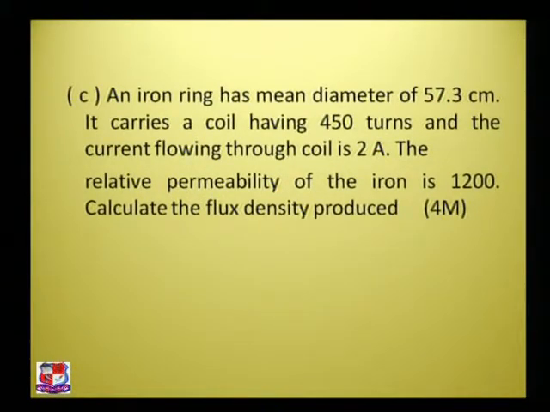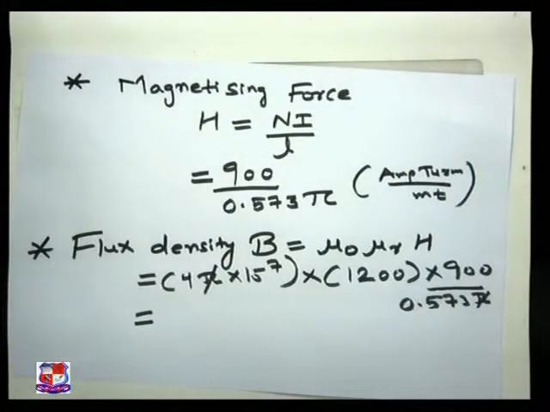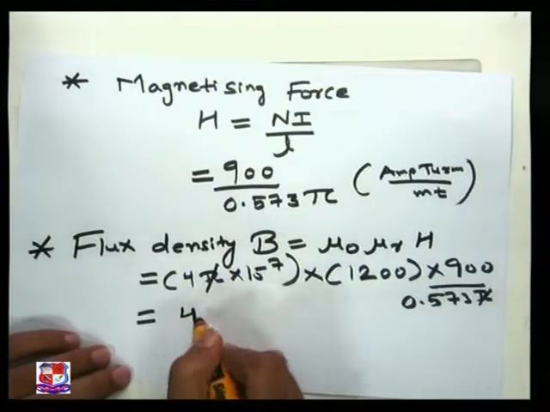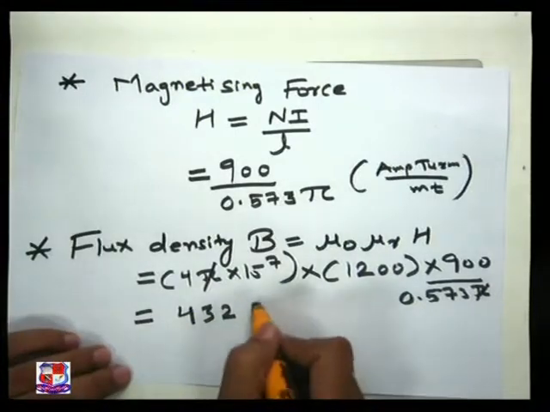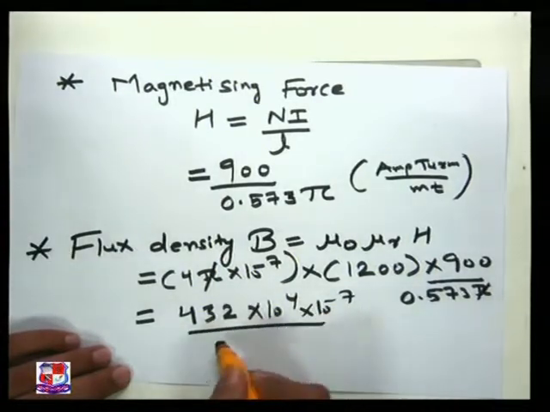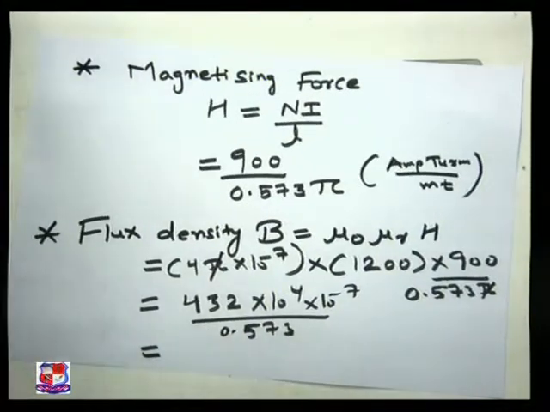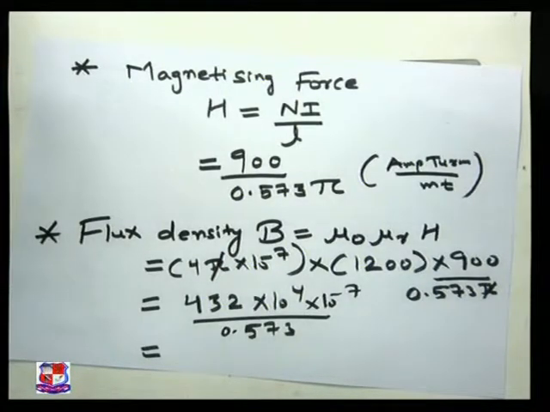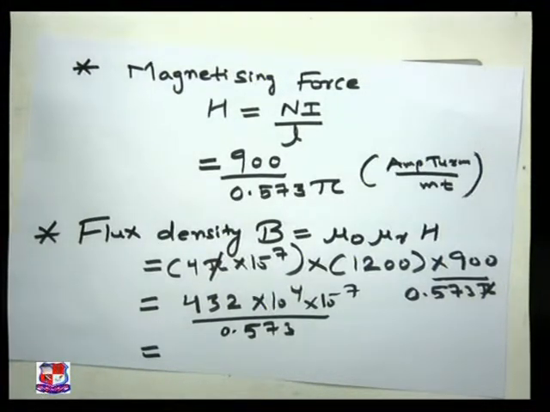Okay, so 4 into 1200 into 900, that is 432 into 10 raised to 4, upon 0.573. Divide by 0.573, so we'll get 7539267, right?